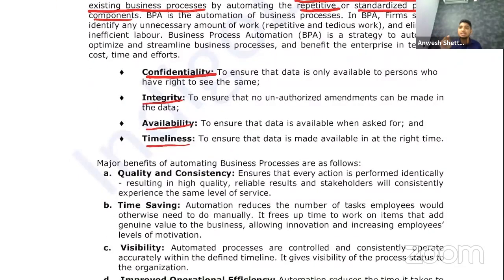Next one is integrity. Now, what is integrity? Again, let's come back to the institute result example. They publish the results on their website. Now, can you change that result? Earlier days in primary school, we would do that. We would get, let's say, 35 marks and we would simply change it to 85 and take it home.